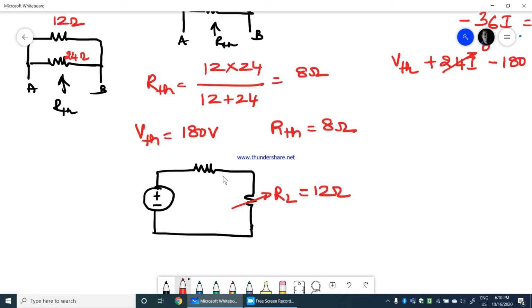RL was given in the question, which is 12 ohms. RTH, which is nothing but the source resistance now, is equal to 8 ohms, and this is 180 volts.